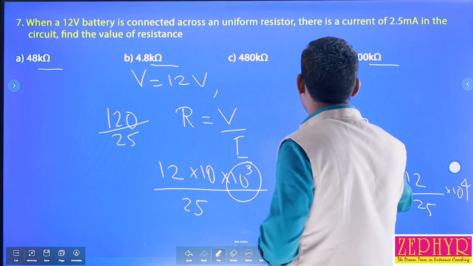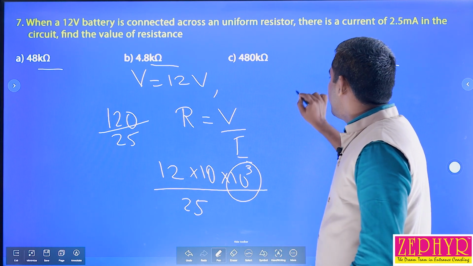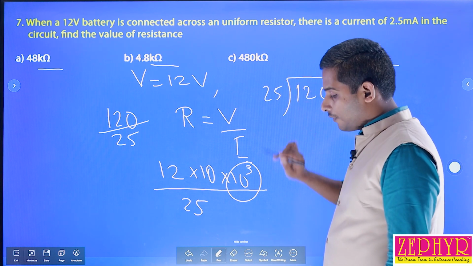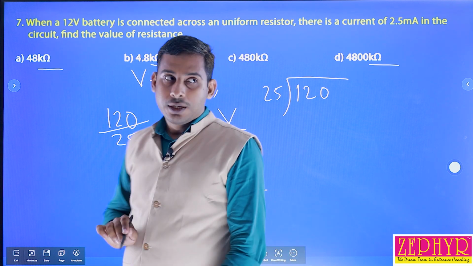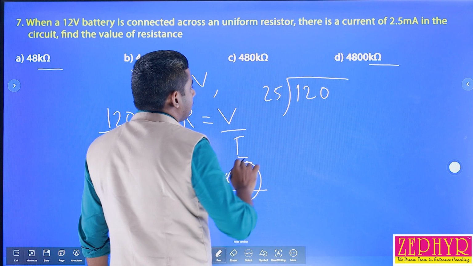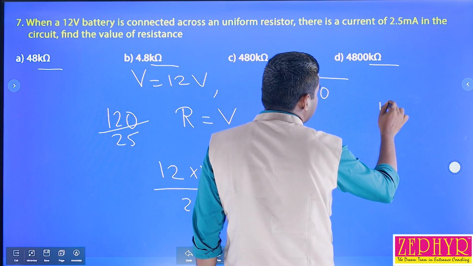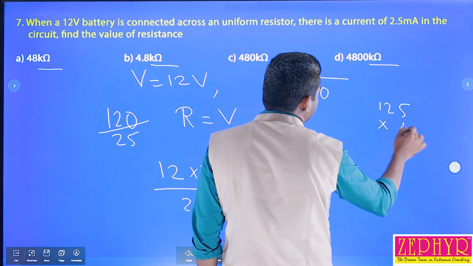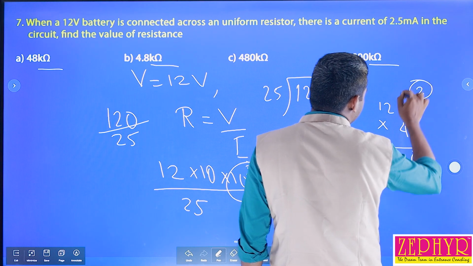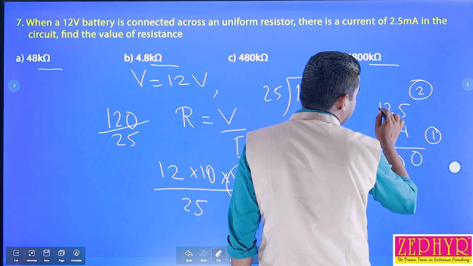So, how can we do the division? See, 120 is the dividend and 25 is the divisor.